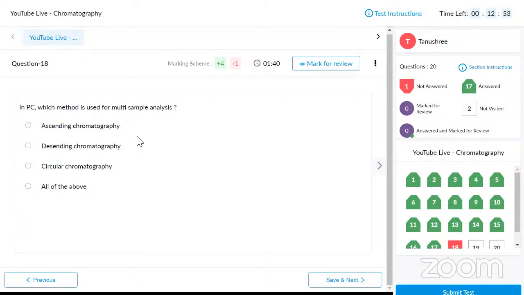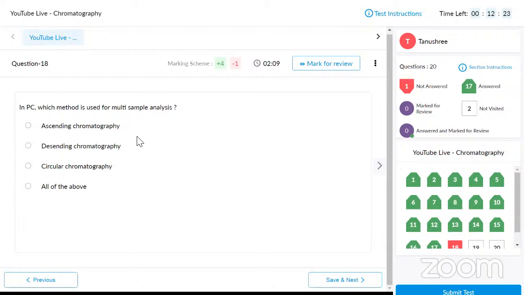Because if you are spotting your sample in the center of the circle and there are multiple analytes, they will be separated along the various radii of your circle. So it will give you multiple spots, and analyzing multiple spots in circular paper is easier compared to a rectangular paper.